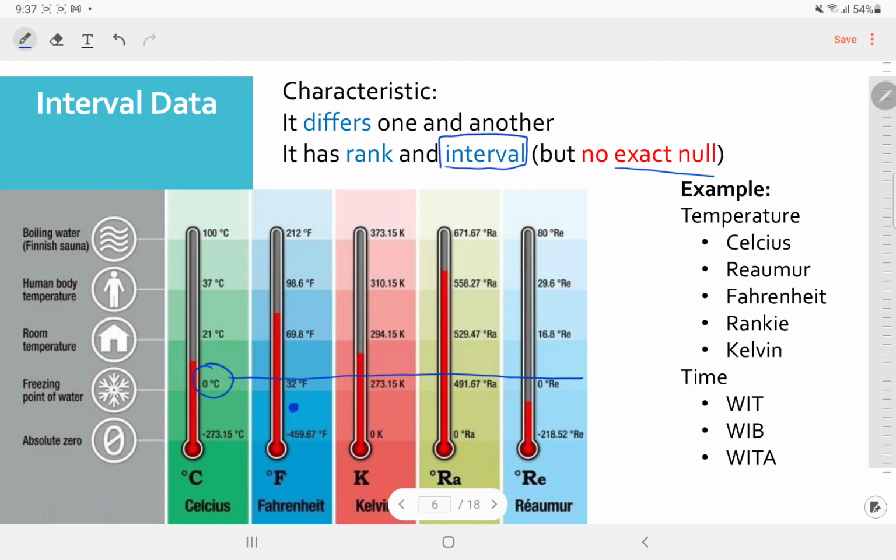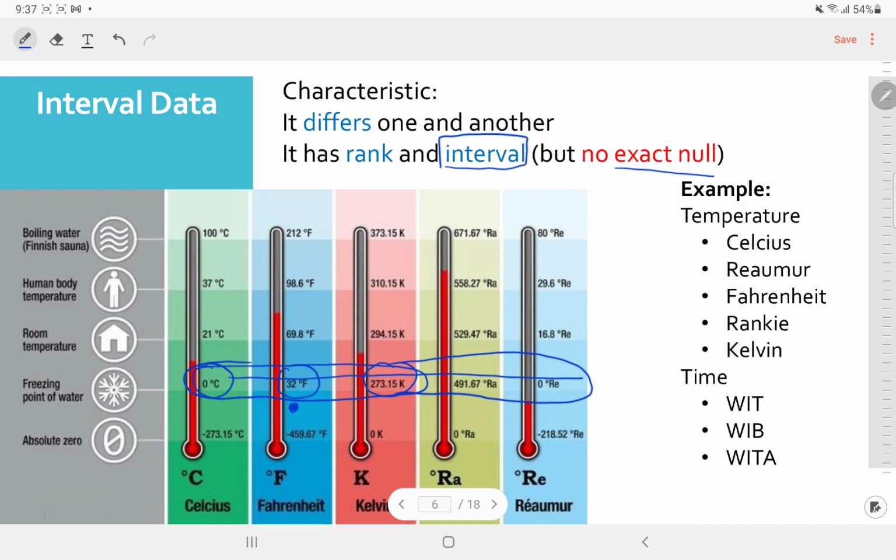This level will be the same as 32 Fahrenheit degree here. And 32 Fahrenheit degree will be the same as 273.15 Kelvin. So, three of them have the same value. Not only three of them, the five of them have the same value.